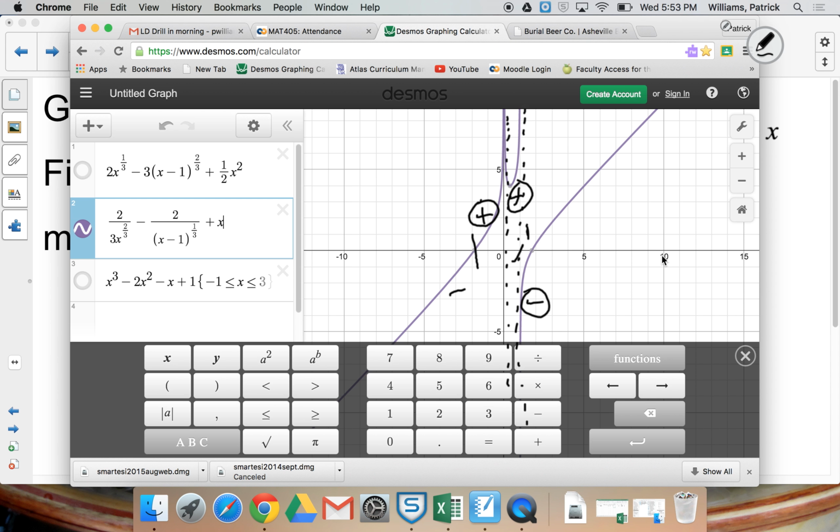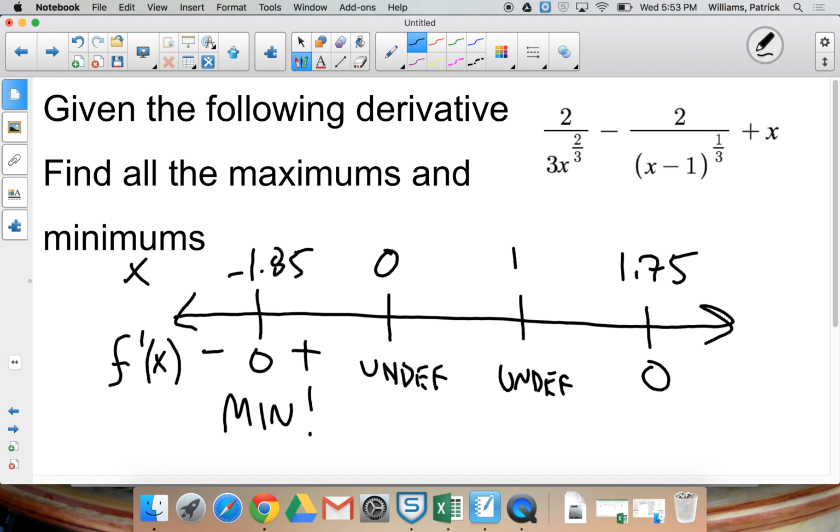And then we look at our final point of 1.75. The derivative switches from negative to 0 to positive. So if we add this to our number line, we got positive, undefined, positive, then negative, then positive. So basically this one was nothing.